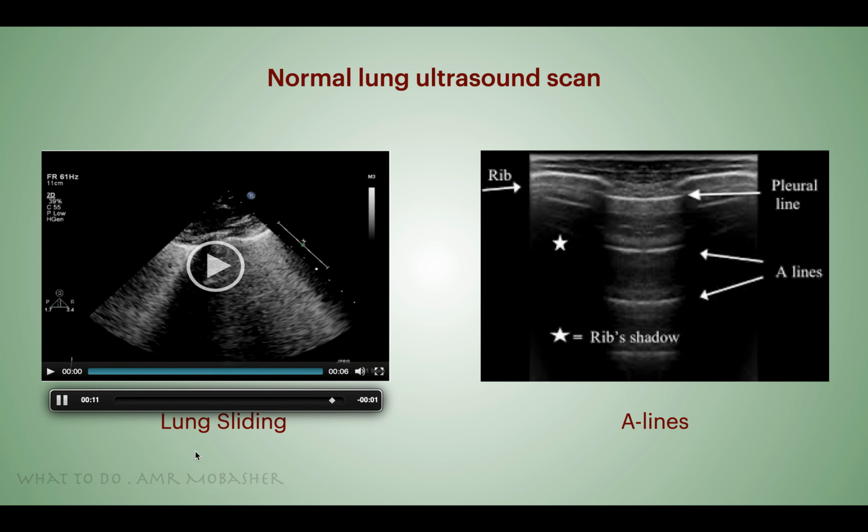Sliding. This is called lung sliding. It means that the two layers of pleura are close to each other, they can slide over each other, and there is no pneumothorax in between. Very normal finding and very reassuring that there is no pneumothorax.